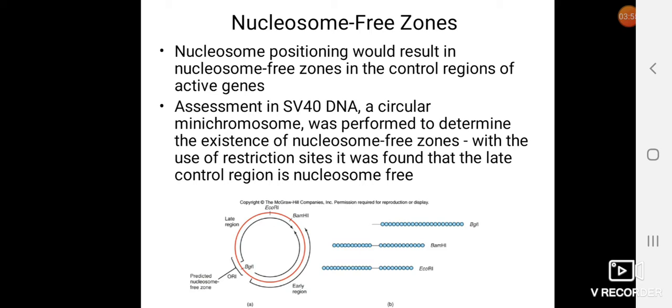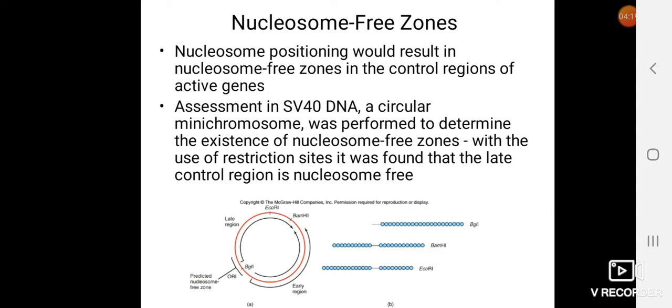It will lead to the formation of nucleosome-free zones, particularly at the control regions of the genes, and this concept was well understood when people did an experiment by using SV40 DNA.